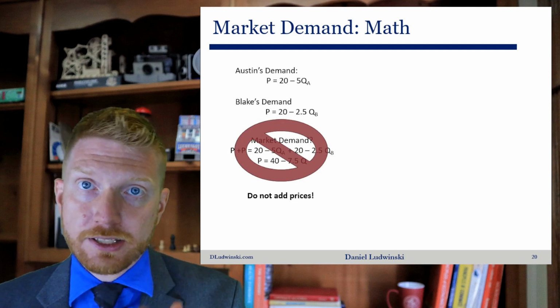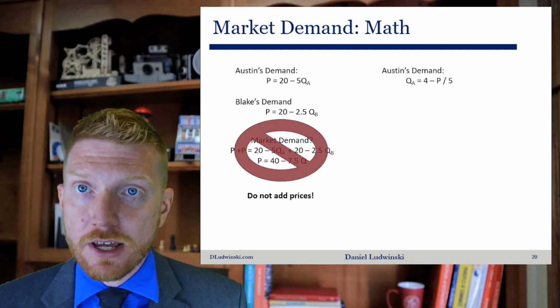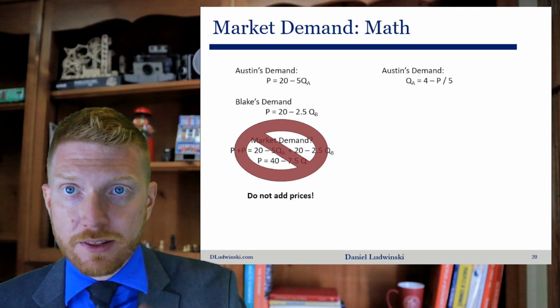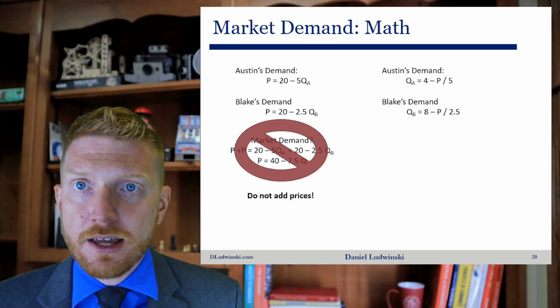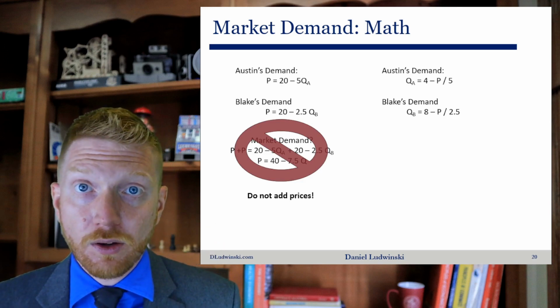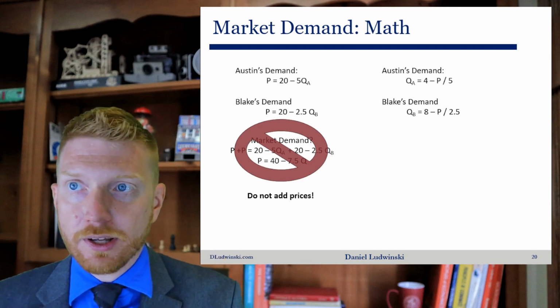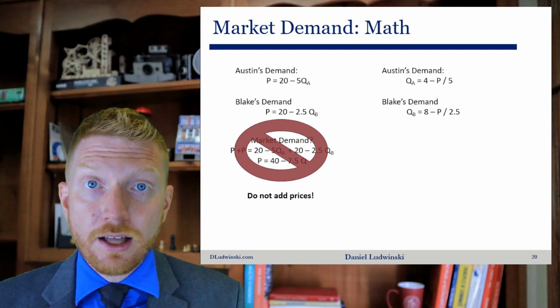So in order to get to market demand, we need to rewrite these functions as quantities. I'm going to rewrite Austin's demand as quantity related to price, and Blake's demand as Blake's quantity related to price as well. The price is common across the market. The price that Austin is seeing is the same price that Blake is seeing.